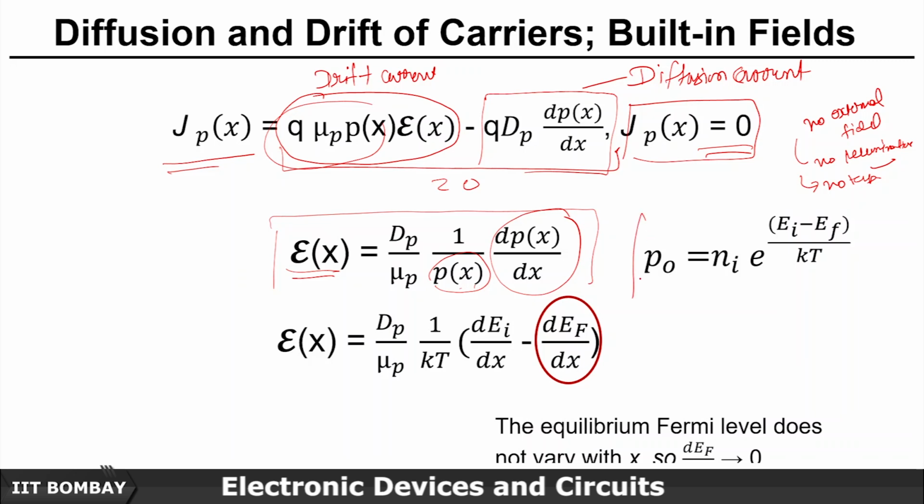If you remember from lectures 2 and 3, we had this expression, where the number of holes is equal to ni, the intrinsic charge carrier concentration, e raised to the power (Ei minus Ef) divided by kT.